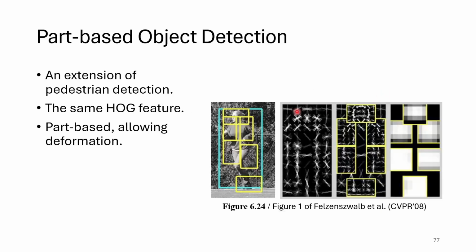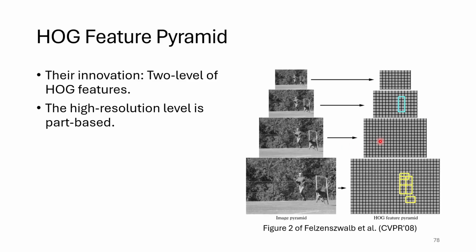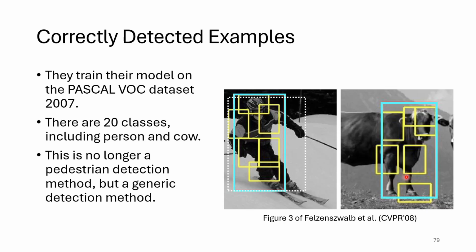So this is the low resolution HOG feature, and this is the high resolution HOG feature. They extract the low resolution feature from the low resolution image, and they allow the high resolution HOG feature to be deformable.